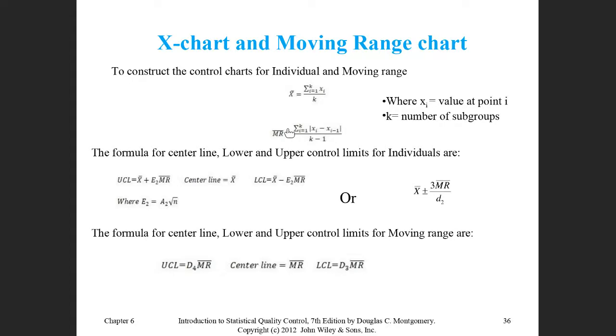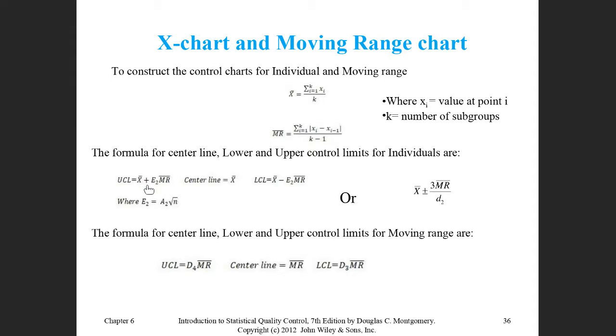For the control limits for the individual or the X bar control chart, we calculate the upper and lower control limits by calculating X bar plus or minus, depending on whether you are developing the upper or the lower, the constant E2 times the average of the moving range.